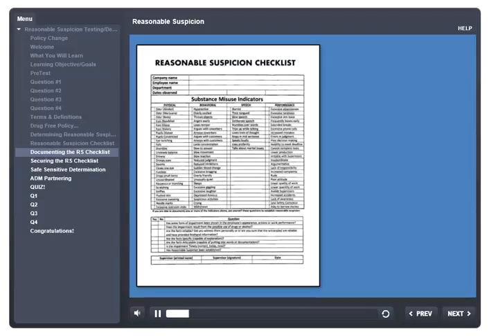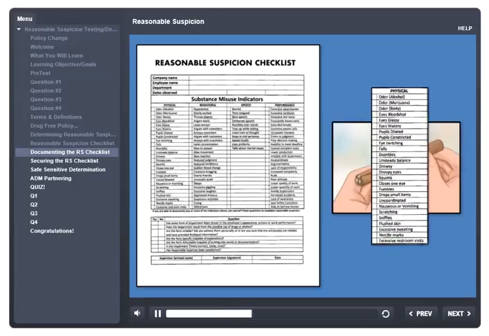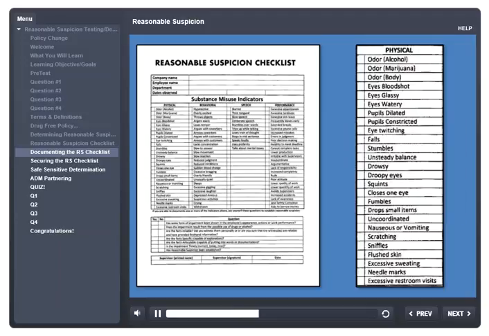It's important that each category is correctly evaluated and selected based on its corresponding substance misuse indicator. For example, if a manager has reasonable suspicion that a team member has an odor of marijuana, he or she would first locate the physical category. They would then select the appropriate substance misuse indicator listed, namely odor, marijuana.